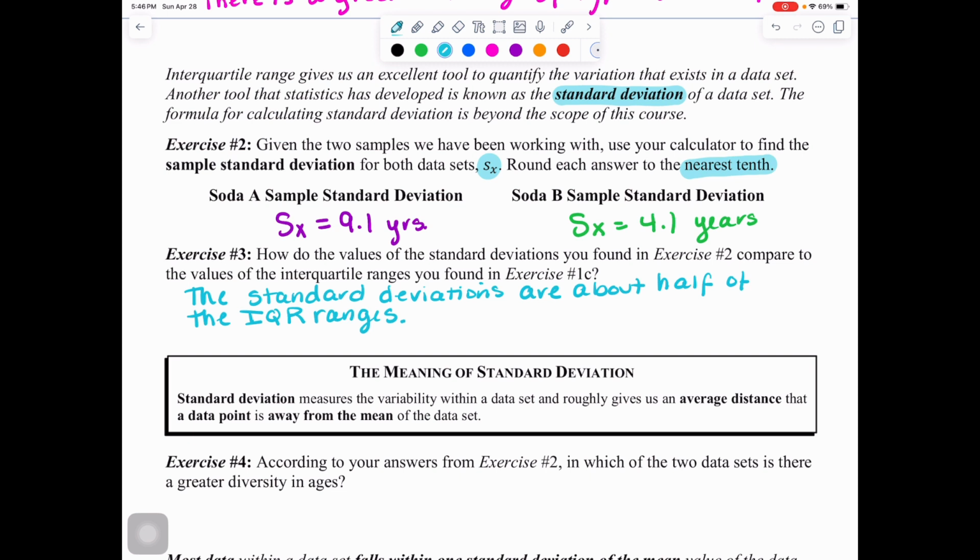They are showing the same thing, though. I still see a significant difference between the standard deviations for soda A and for soda B. So they show the same result. And I still conclude that soda A has a larger amount of variability.